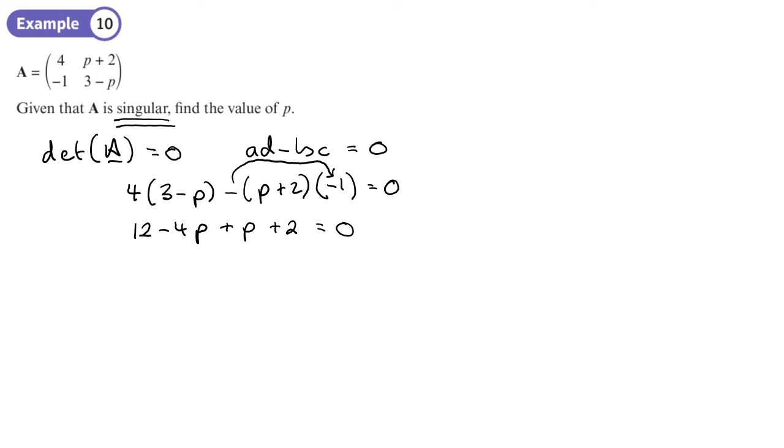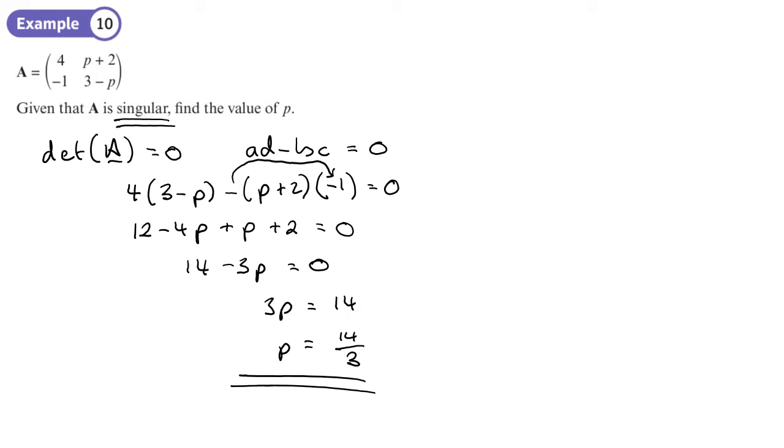That gives me 14, and negative 4P plus P is negative 3P, so 14 minus 3P equals 0. That means 3P equals 14 and P equals 14 over 3. There we go, that's the value of P, and we used the fact that the determinant is equal to 0.